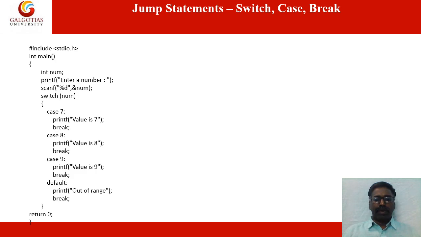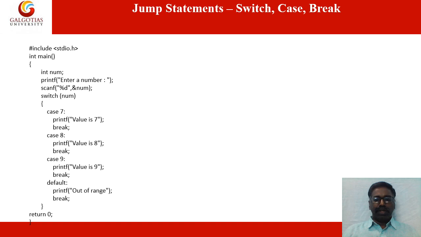Using an example, we can see a normal switch case break statement here. It is a simple one. The switch option may have any number of cases and any constant values. Here we take a value num from the user, and for num we write case 7, case 8, case 9.